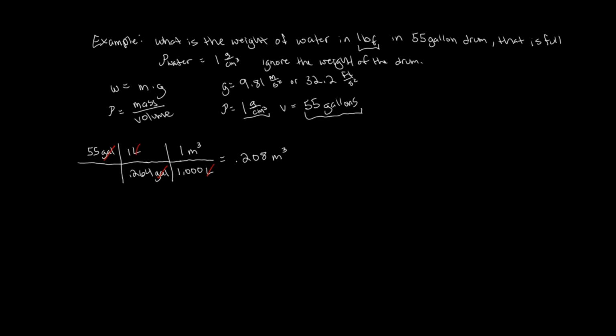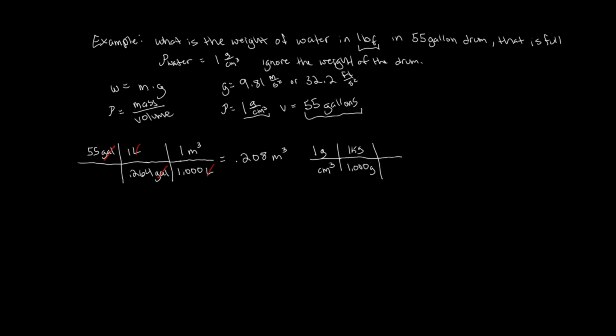Now let's take our density and get it to meters cubed too. So we're going to say 1 gram per centimeter cubed. 1 kilogram is 1,000 grams. And what do we have? Cubic centimeters. You guys have got to go back to the rules of exponents we went over earlier. We know that 1 meter contains 100 centimeters.